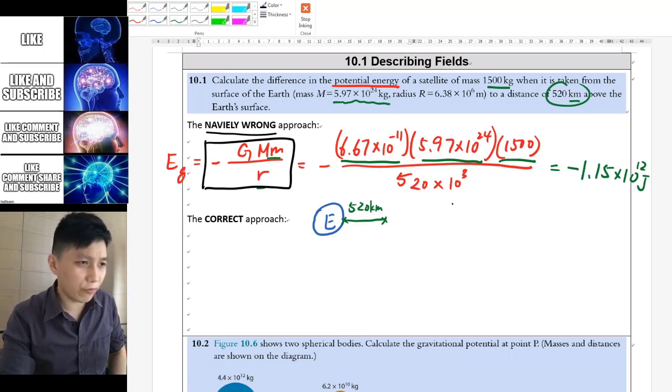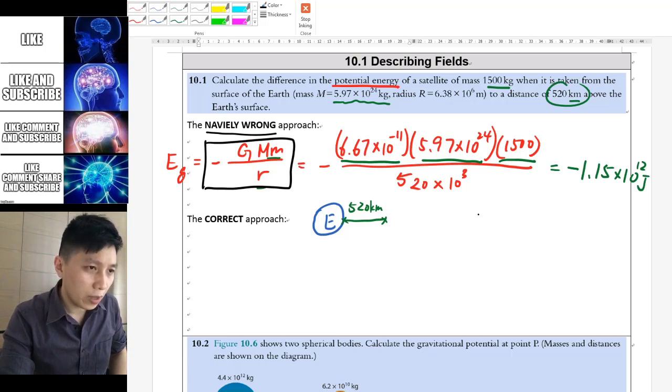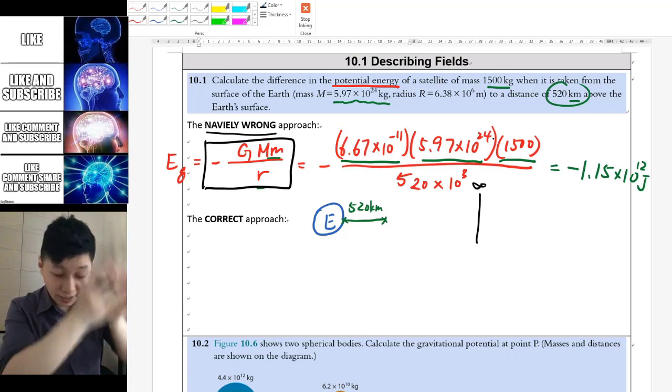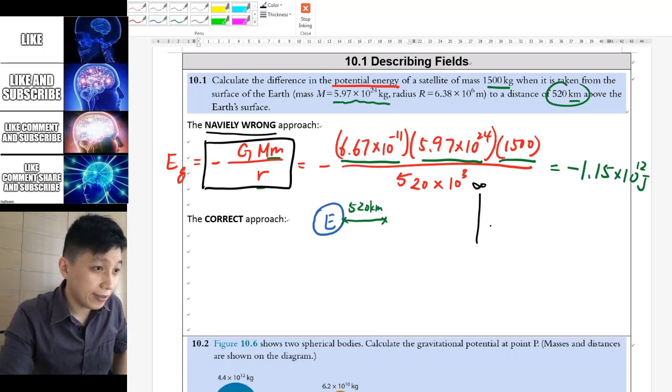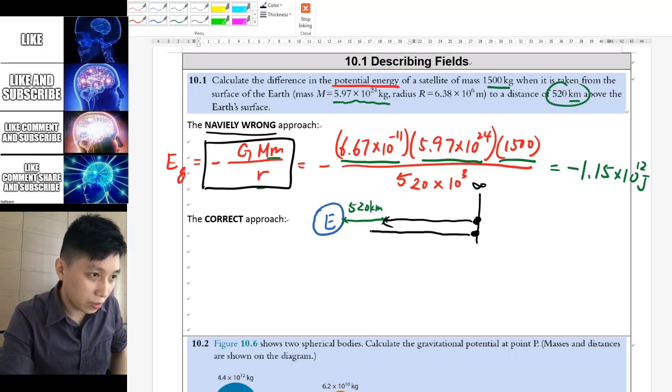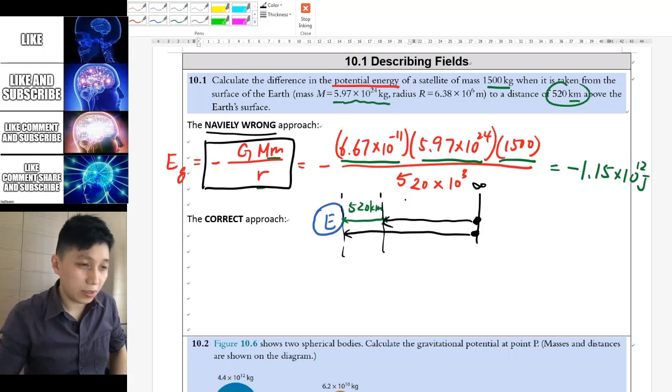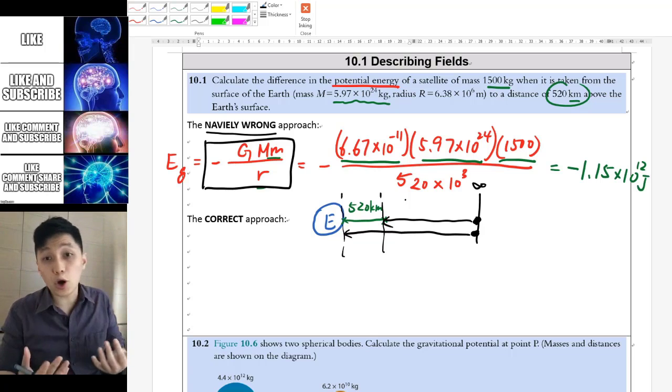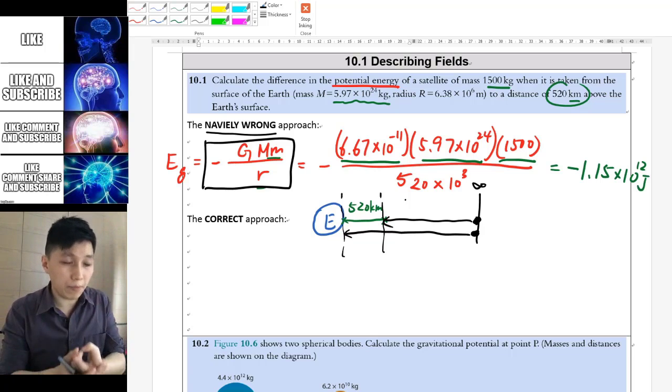So what you can do with this is think about, let's say, again, this is the line of infinity, and this is the object you bring from infinity to this point, and from infinity to the surface of the Earth. Then you will be able to obtain two numbers, right?